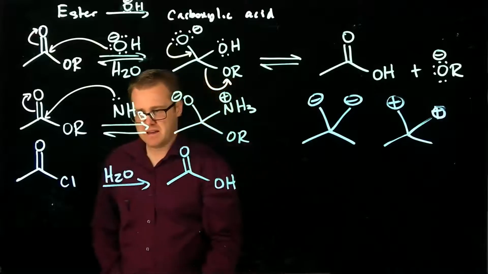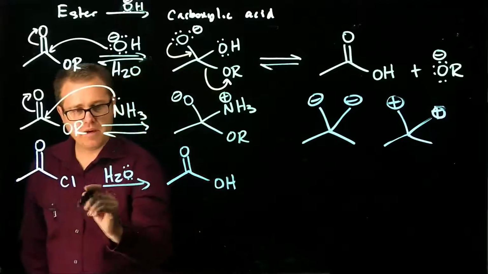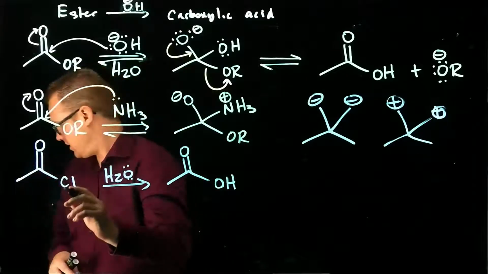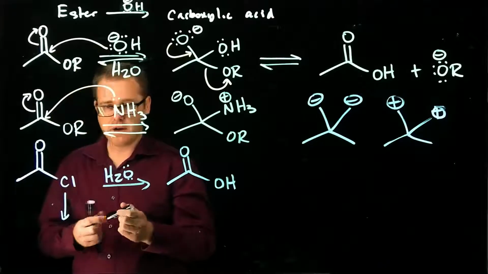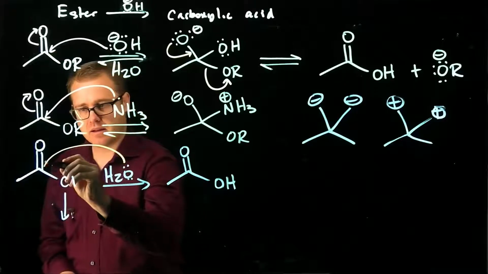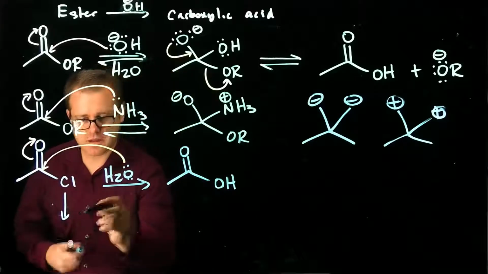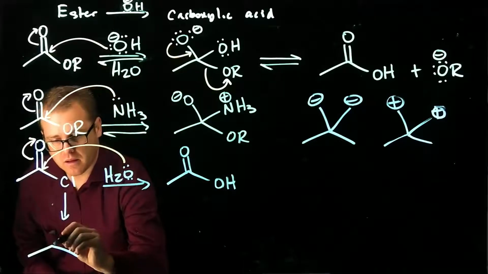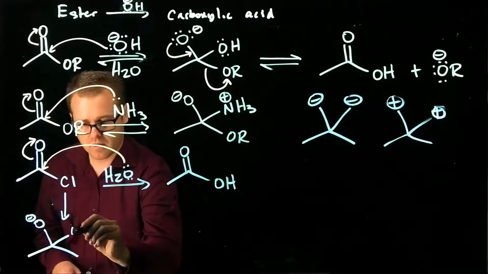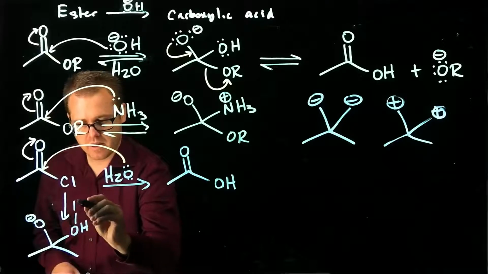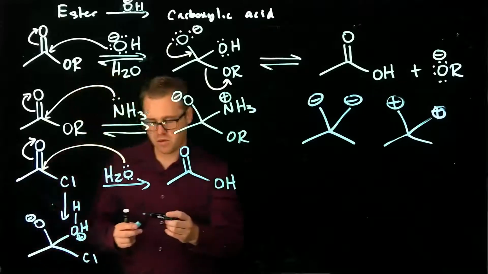But what is the mechanism here? Well, when we look at it, now I'm going to go this way here, okay? Water is going to be able to attack the carbonyl directly. And that's going to give us O minus, and there's going to be a plus charge there, and our chloride.